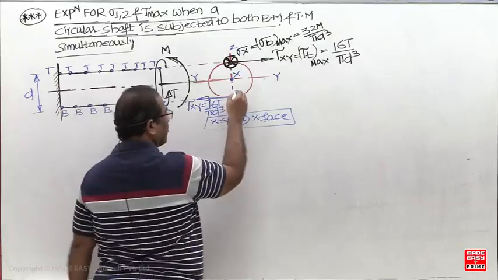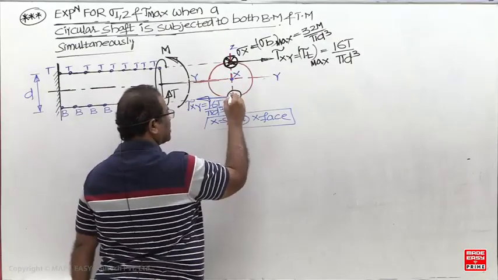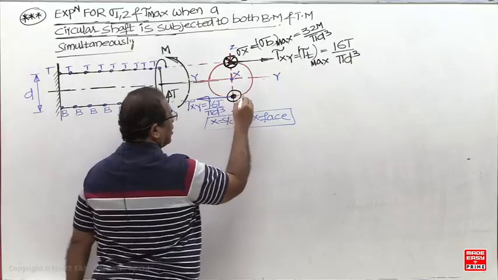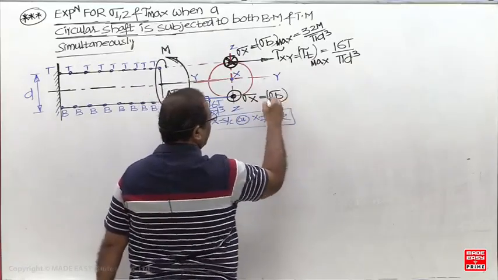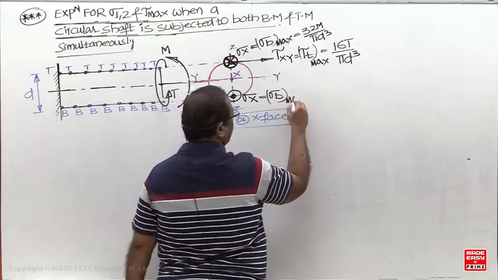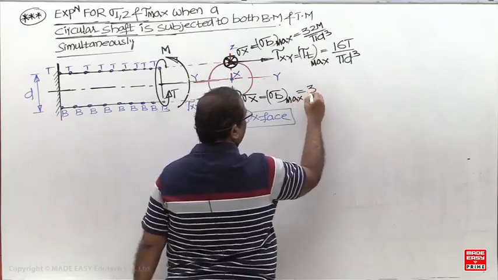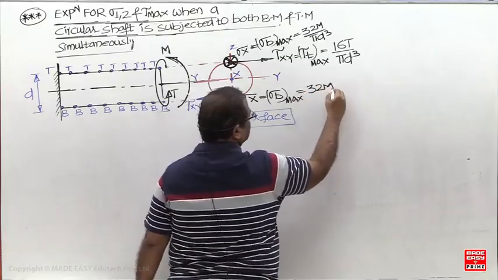Here it is tensile. A dot means a tensile, pointing away.